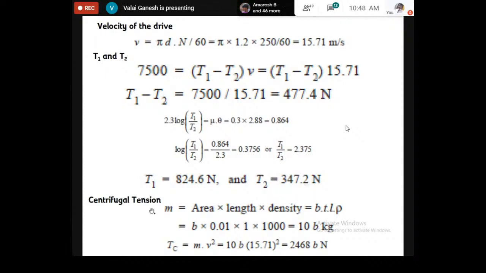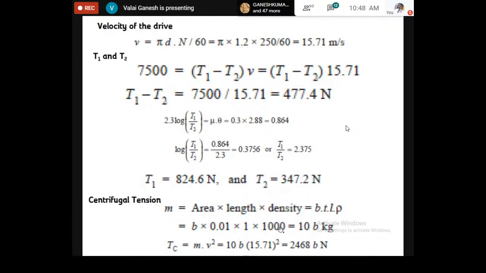Next, centrifugal tension. Mass equal to area into length into density. Length is not given, so again assume 1 meter. Area is breadth into thickness. Breadth or width is not given, and thickness is 10 millimeter given. For convenience, we convert into meter, so 10 millimeter equal to 0.01 meter.